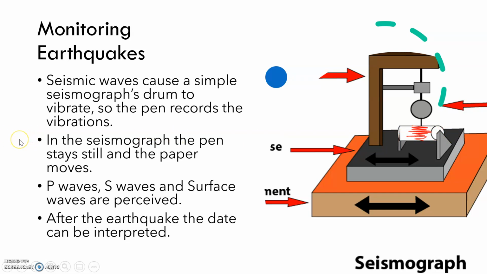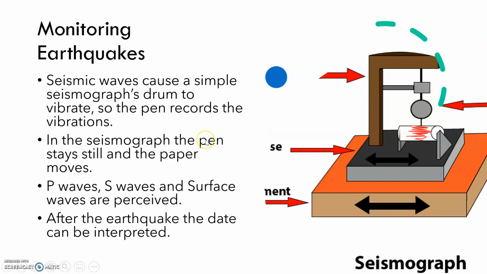In the seismograph, the pen stays still and the paper moves. This is something very important because people might think that what actually moves is the pen, but in reality, it's not like that. What actually moves is the base, so the paper is what's going to move. And of course, the pen is just going to paint on the paper. P waves, S waves, and surface waves are perceived.